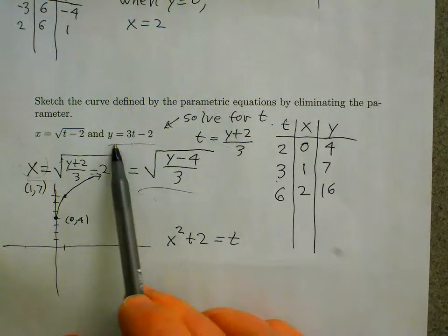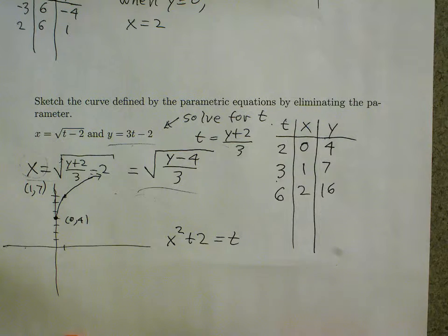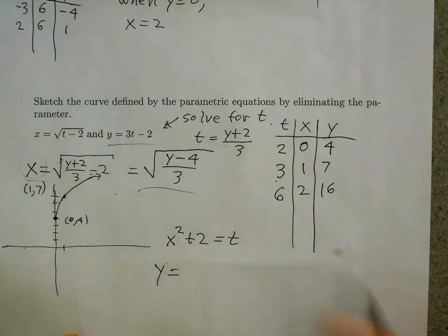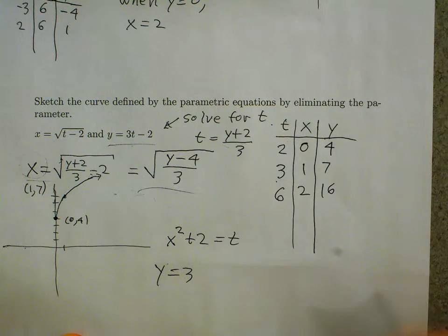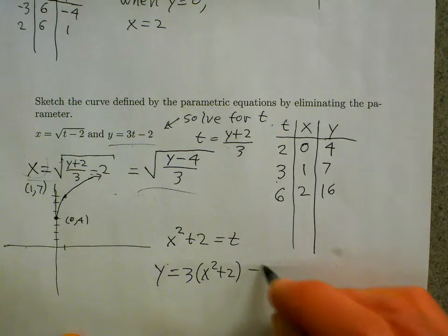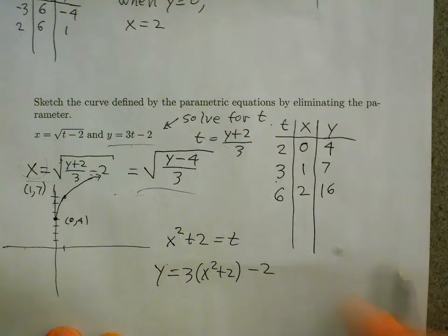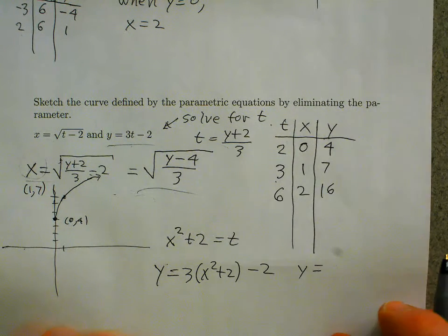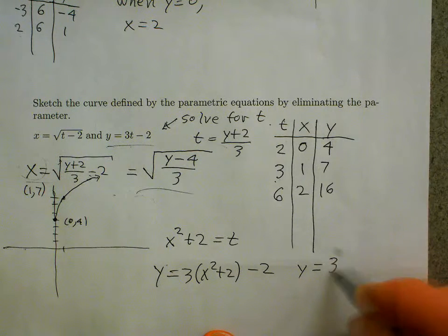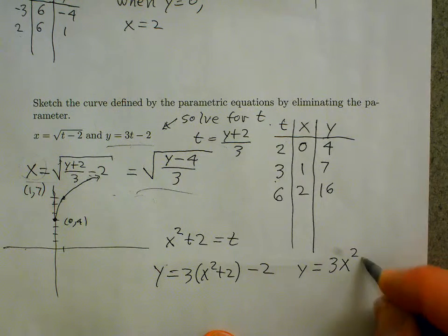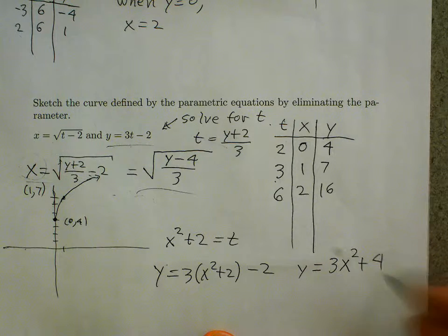And then in the other equation, replace t with x squared plus 2. So we get y equals 3x squared plus 6 minus 2, or 3x squared plus 4.